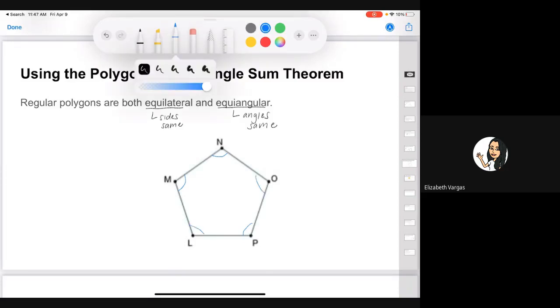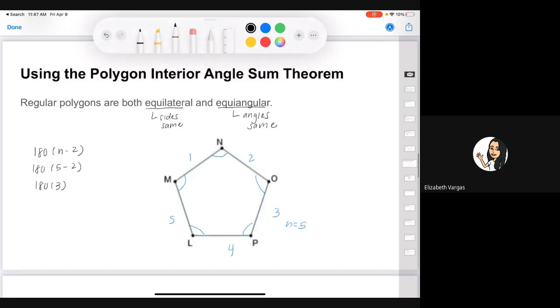So that being said, I can find the sum of the interior angles. So 1, 2, 3, 4, 5, n is 5. Plug that into my equation. That is 540. And if I wanted to solve for the missing angle measures of all of these sides, well, because it's equiangular, all the angles are the same.